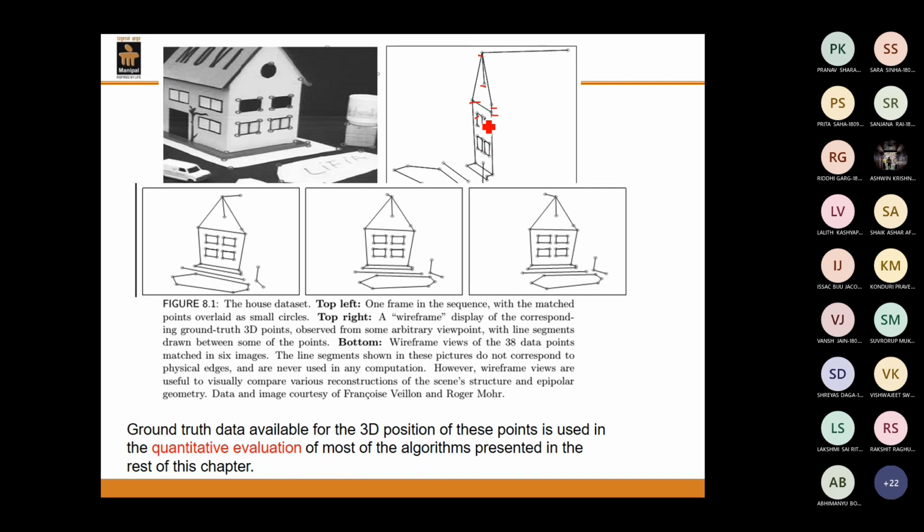So these points are the correspondence points. Corresponding to this point, I have this point here, as well as this point here. Now corresponding to this point over here, I also have a point here, here, and here. So therefore, you try to find out the point correspondences.